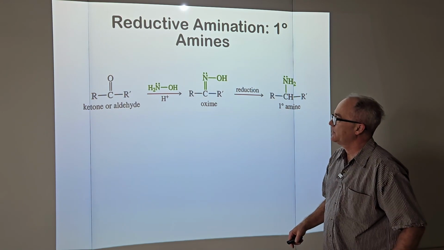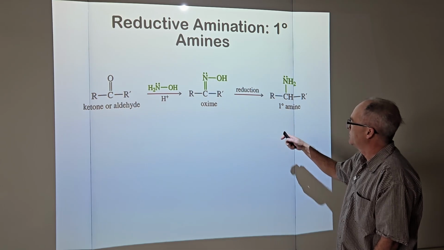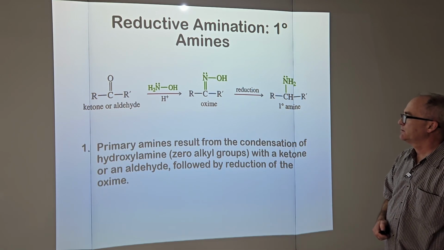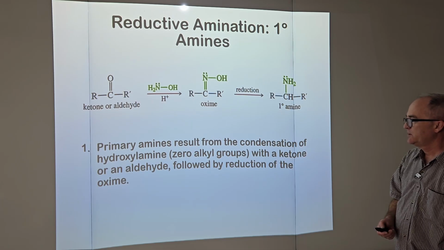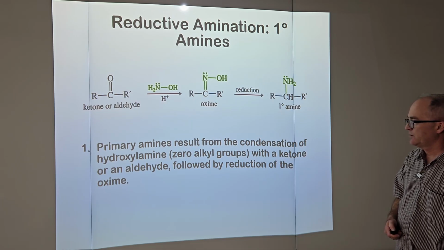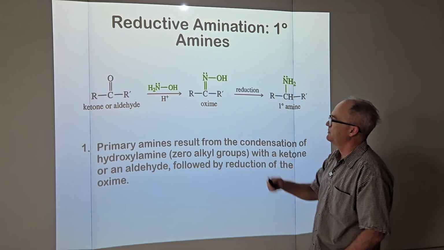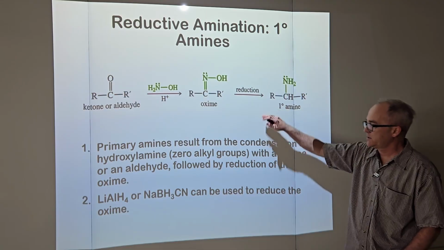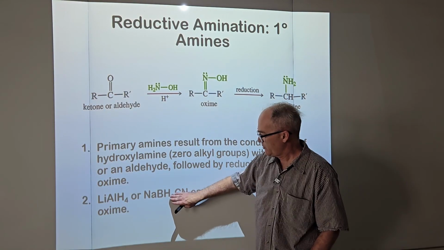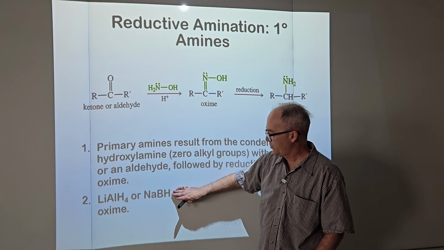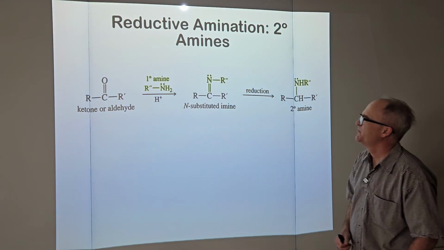So a ketone or aldehyde can be converted into a primary amine, and this is called a condensation. So hydroxylamine with a ketone or aldehyde followed by reduction of the oxime. Here's the oxime. And to reduce this, here's our lithium aluminum hydride. If I put a B here, that's just sodium borohydride, and that's a similar reagent.